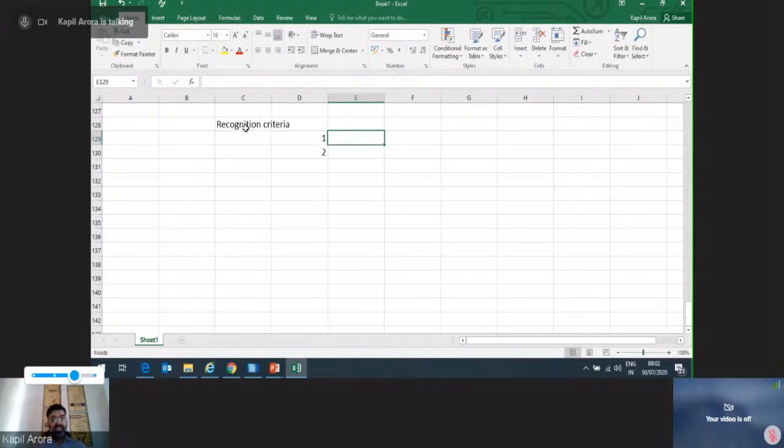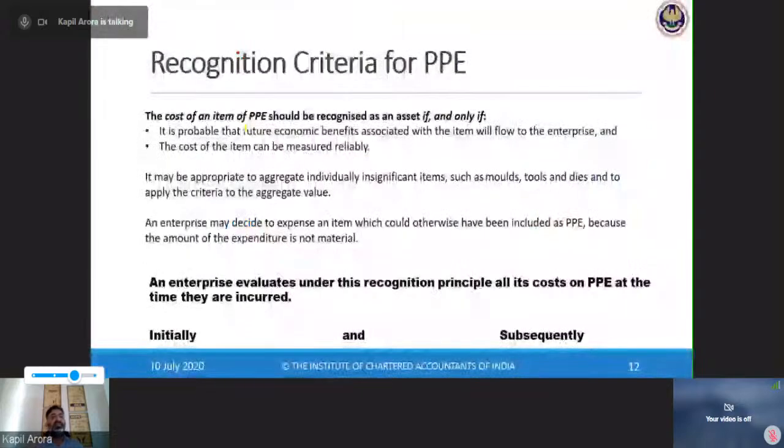that the asset will give economic benefit. So it is probable that future economic benefit will flow to the enterprise. That is the first criteria. I have purchased an asset.